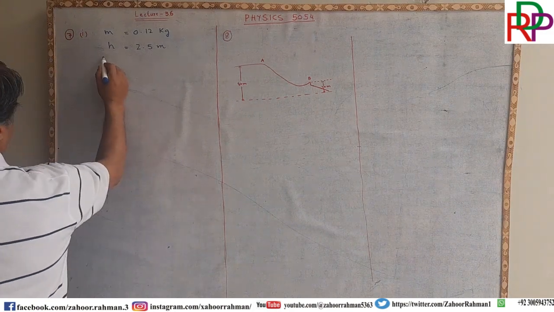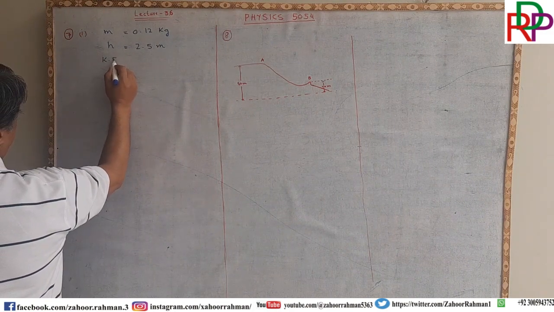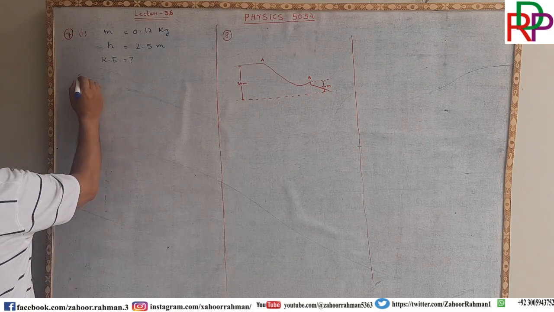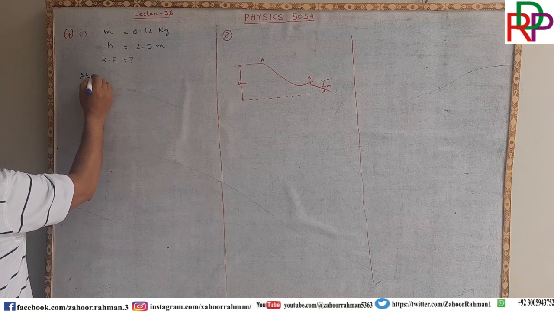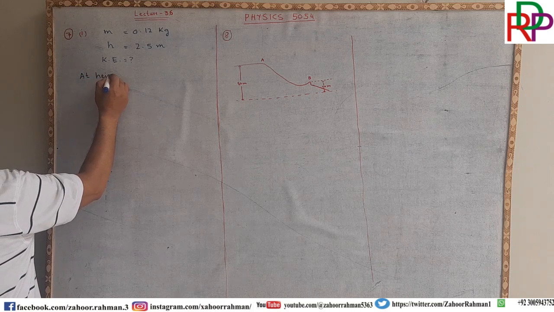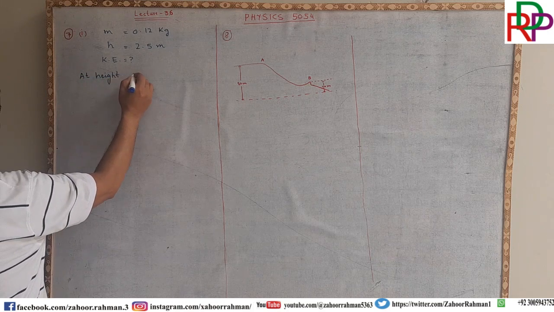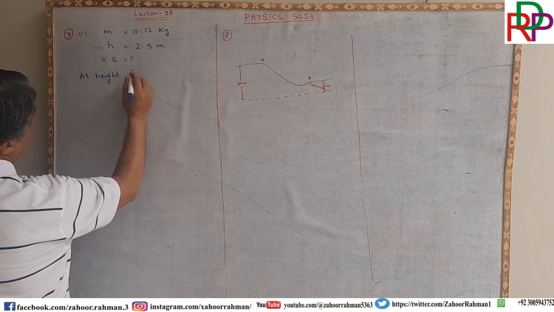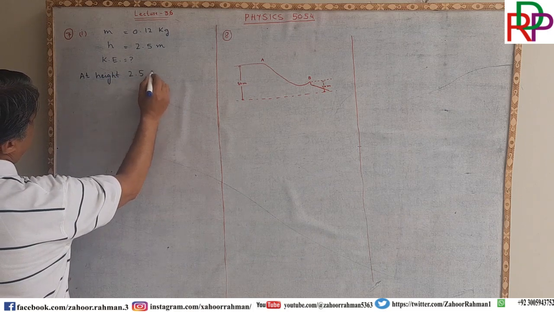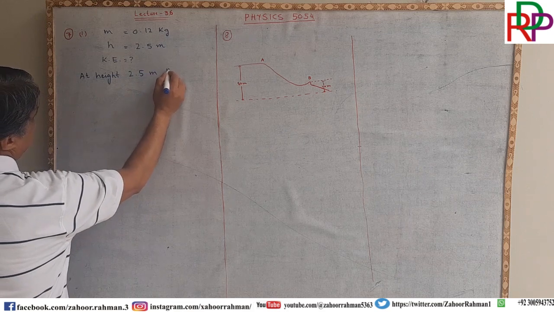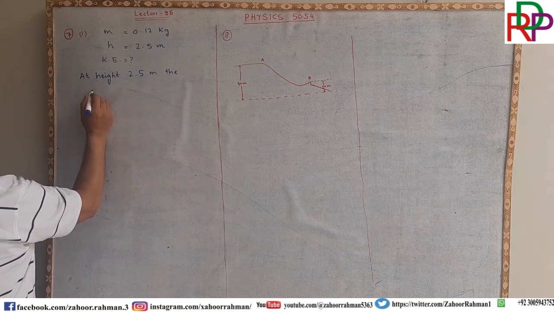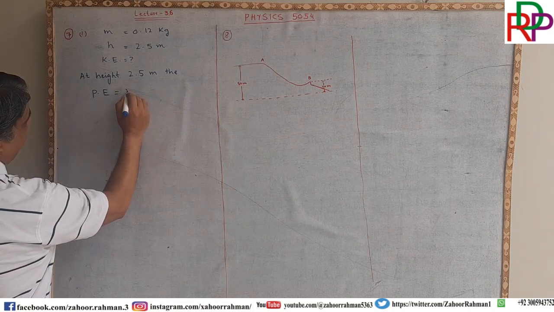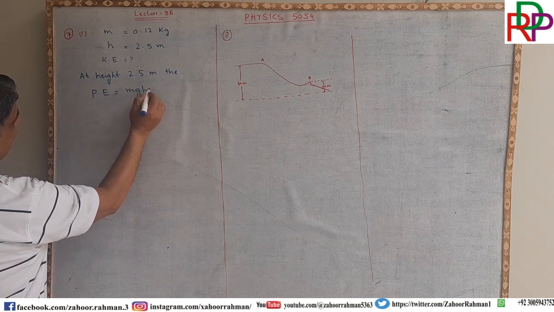So here they are asking that find the kinetic energy. Now at height H, at height 2.5 meter, the potential energy is mgh.